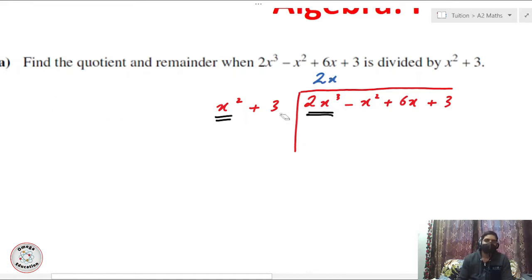This was the first step. Now you multiply this thing with everything on the outside, with all the terms. So first you multiply 2x with x squared, you get 2x cubed. Then you multiply 2x with 3, which you get as plus 6x.